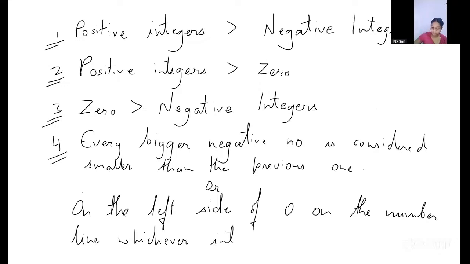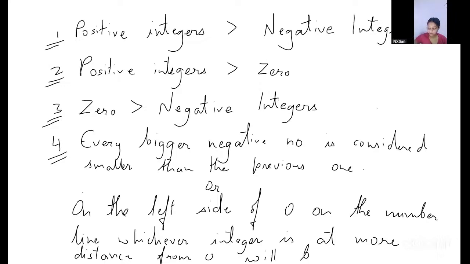whichever integer is at more distance from 0 will be smaller. 0 is at the center, so on the left side, the more distance you go from 0, the smaller the negative integer becomes.